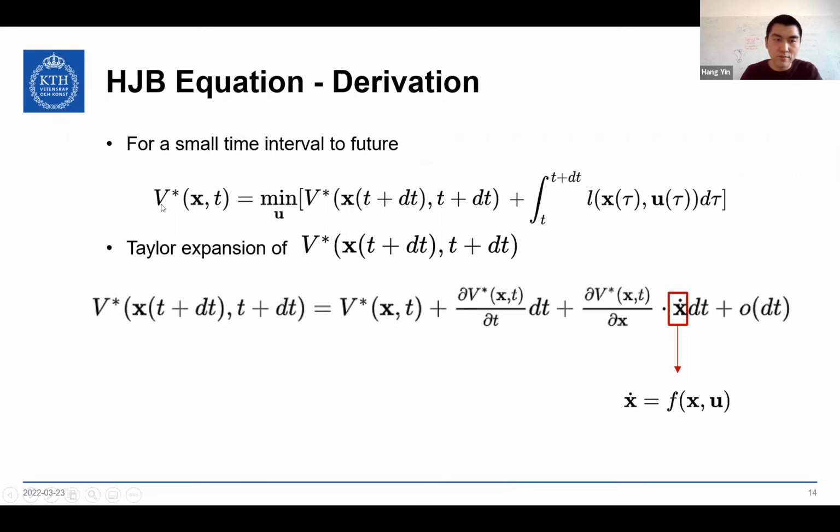You just assume that you look ahead with a small time interval, so you can write down your Bellman equation in a form like this. This is what you accumulate with your running cost within this time interval, and this is what you expect to get for the remaining time steps. You do a Taylor expansion of this, and you see all of these terms start appearing.